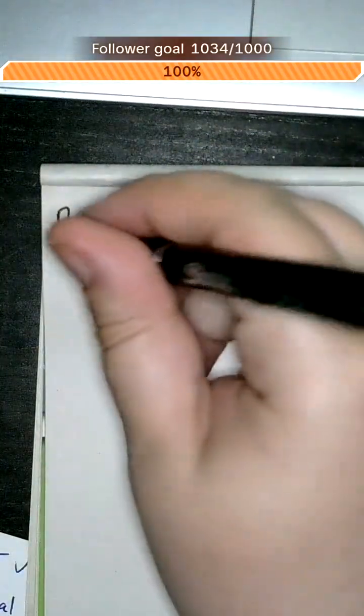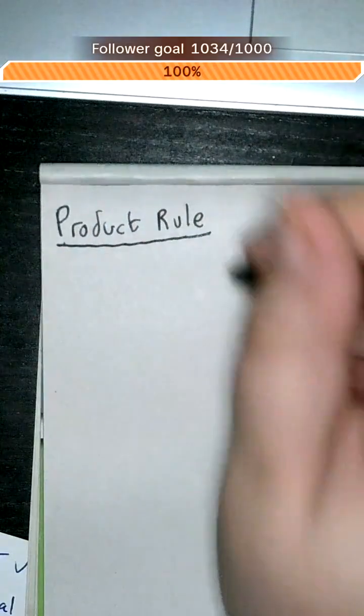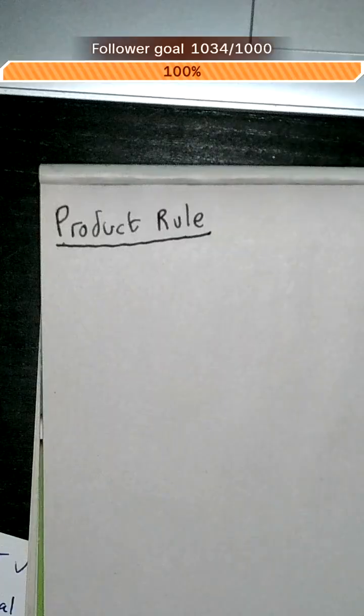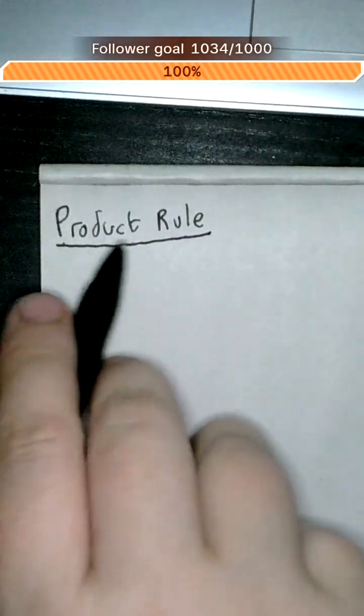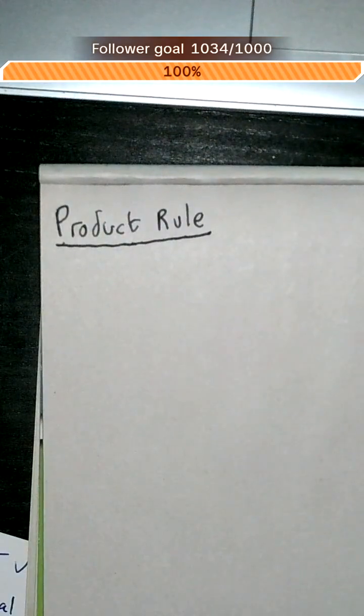So this is next. Just like for the power rule, I'm going to start with a proof of the product rule using the limit definition, and then we'll do a couple exercises with the product rule.